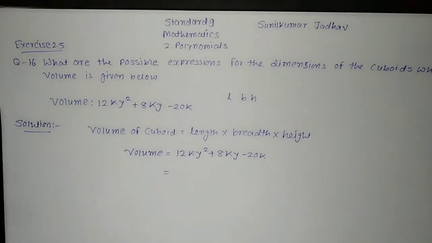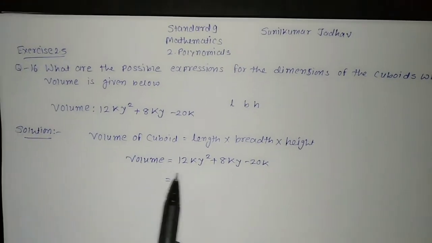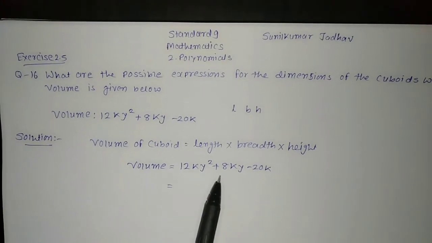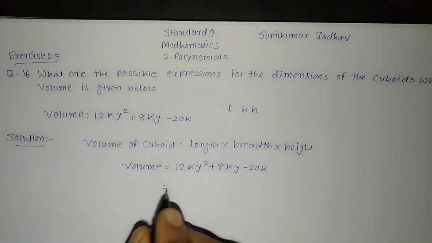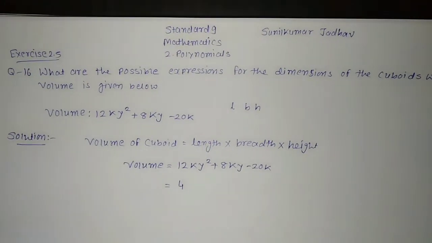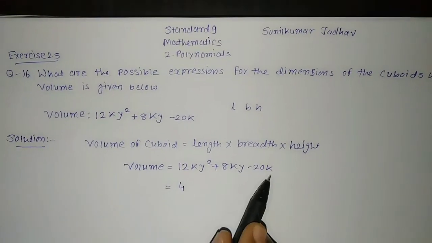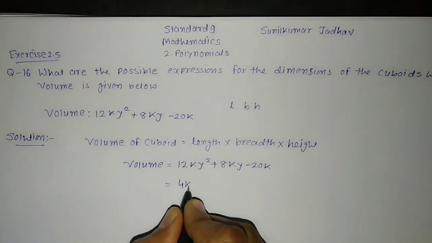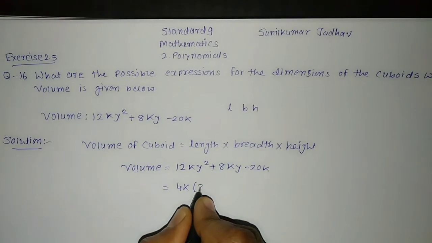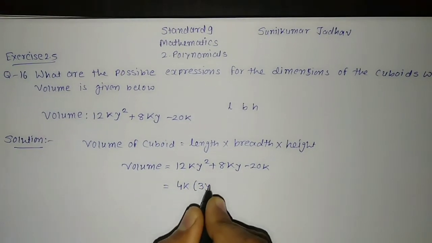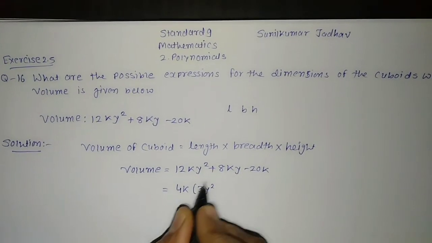First of all, we see if there is something common. Among 12, 8 and 20, the common factor is 4. Here also k, here also k and here also k, so k is also common. What is remaining? 4 threes are 12, so 3y².